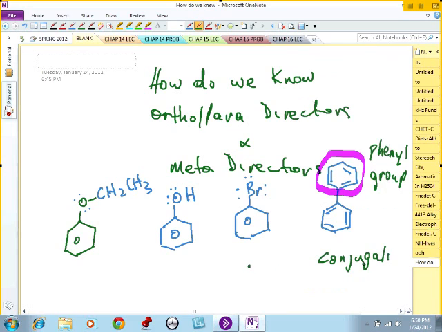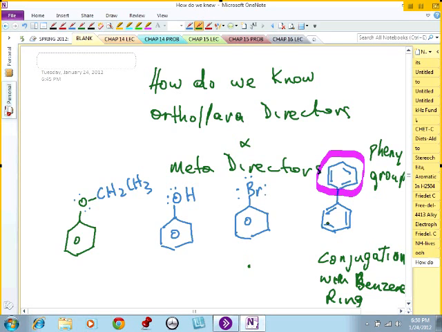Anytime you have a group with a double bond conjugated with the double bond of the benzene ring, when we say conjugation, we mean that you have a double bond here, a single bond and a double bond.